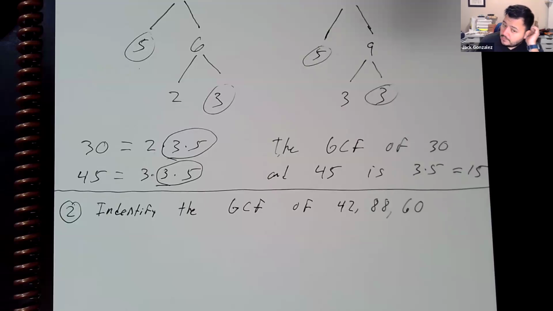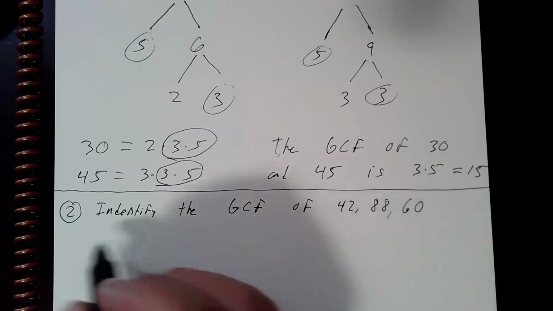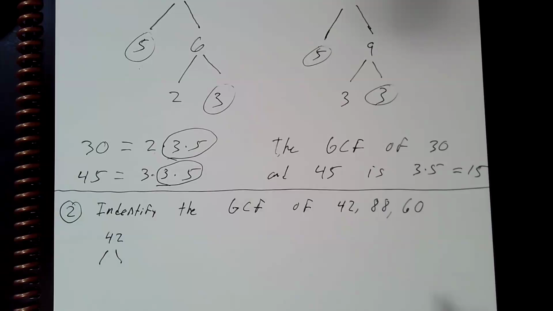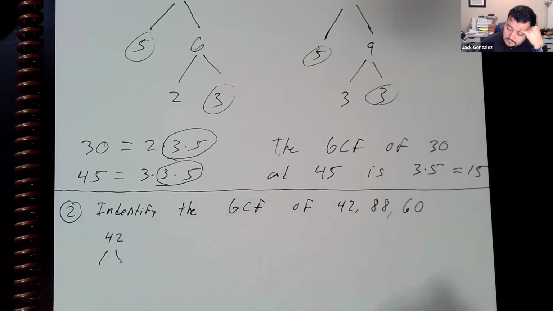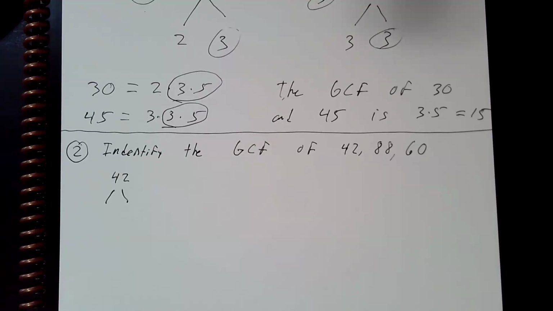Alrighty. So now this one's a little harder. Number 2 from the homework. We got 3 of them, so do all 3. So what are some factors of 42? Seven times 5.